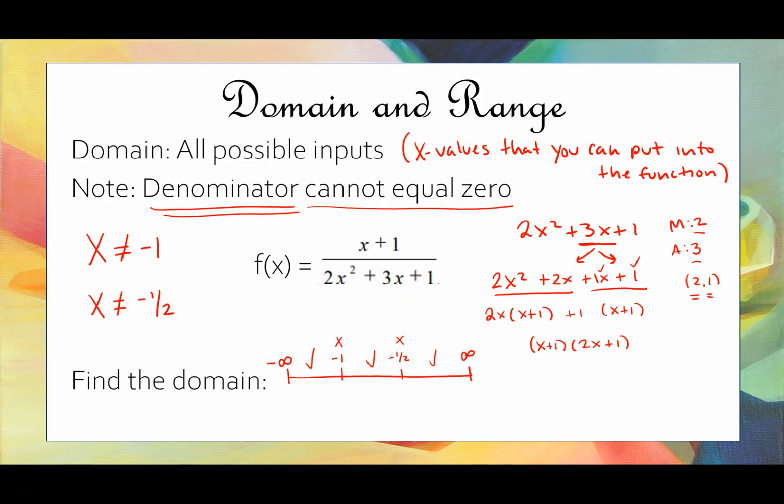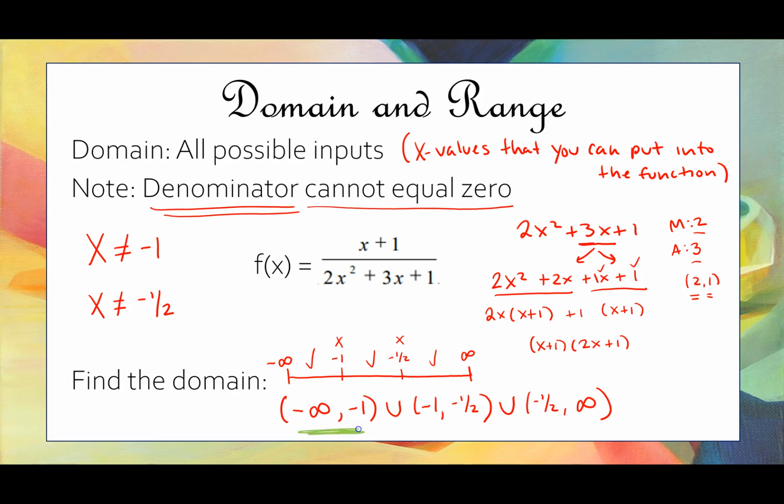So how do we write this? Well, we're going to write this as the domain is from -infinity to -1, union -1 to -1/2, union -1/2 to infinity. So I'm basically saying the following.